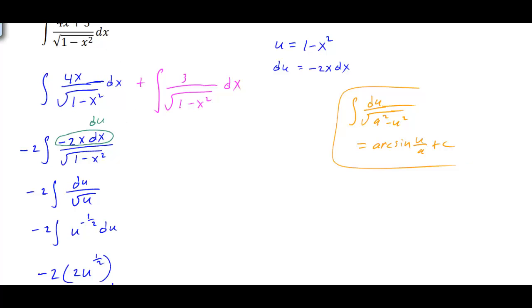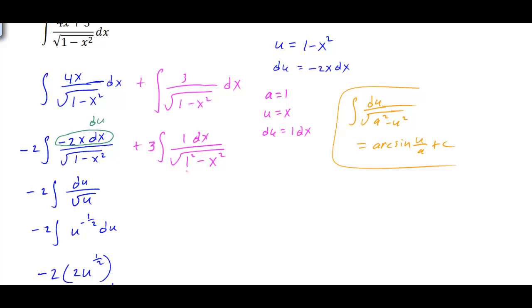All right, so now we need to identify what is a, what is u. Well, it looks obvious enough, hopefully you can tell that a is going to be 1 and u is going to be x. And if we take the derivative of u, we're going to simply have 1 dx. So here, we don't need the 3, so we can pull the 3 out front. So we have our 1 dx over the square root of 1 squared minus x squared.